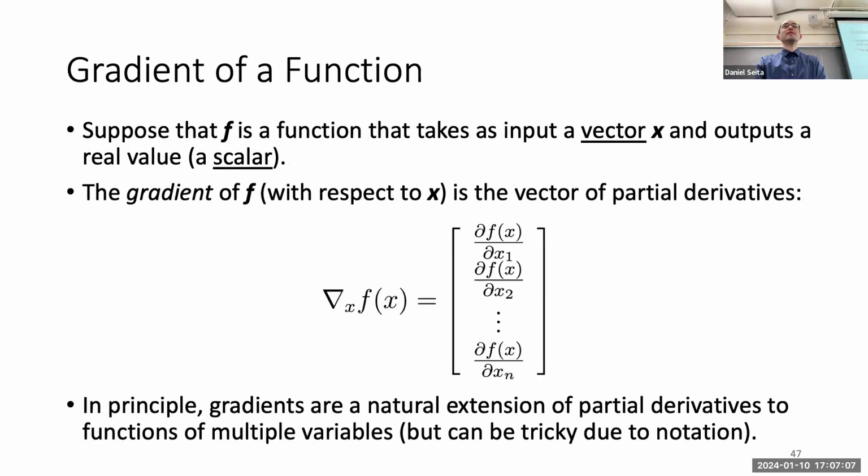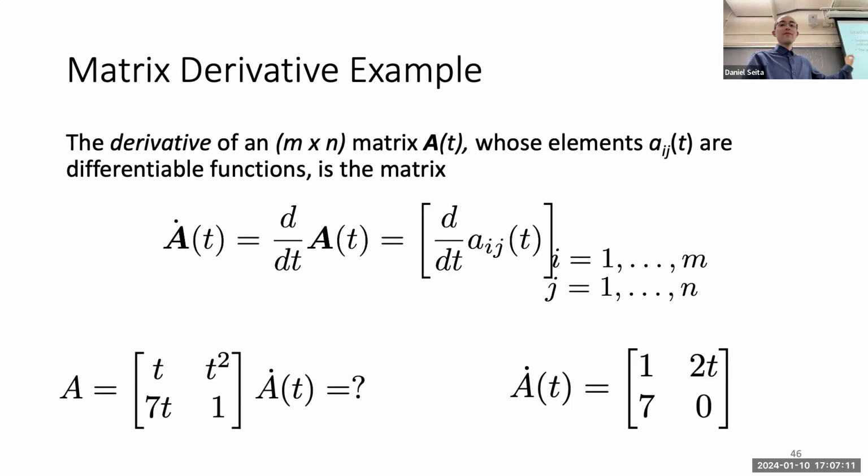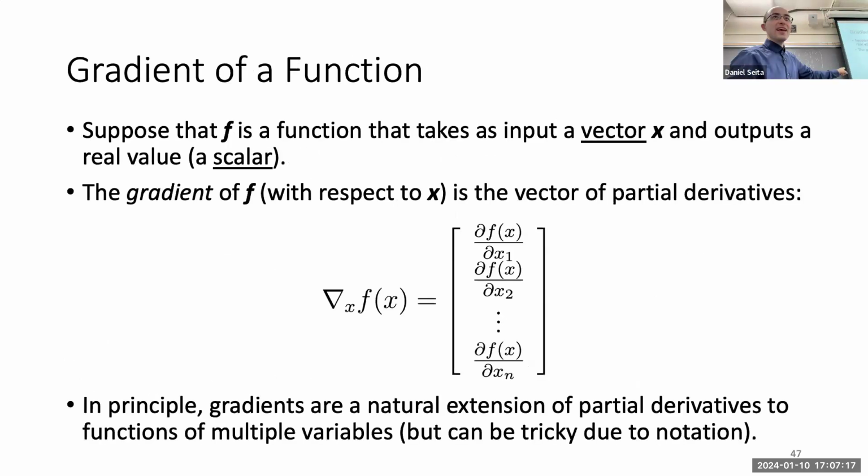All right, gradient. Not to be confused with the matrix derivative. The matrix derivative is a derivative on a matrix. The gradient is like a derivative, but on a function that gives you a real value. This is really important to know correctly.